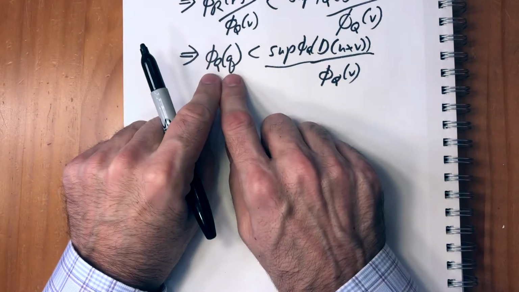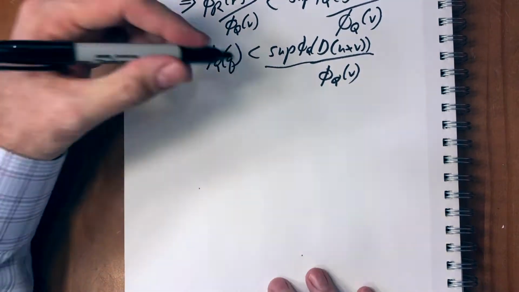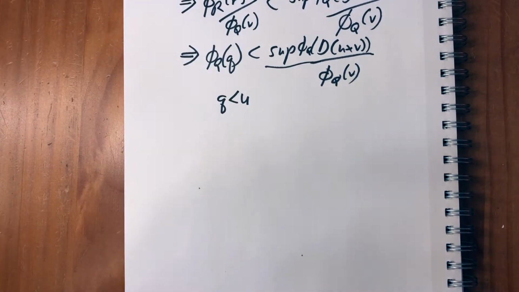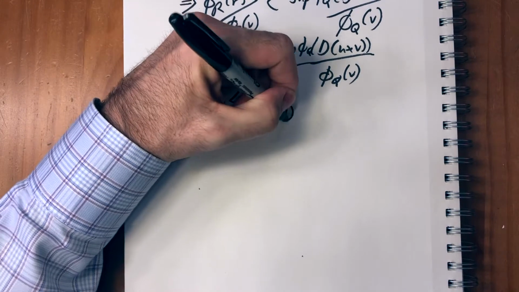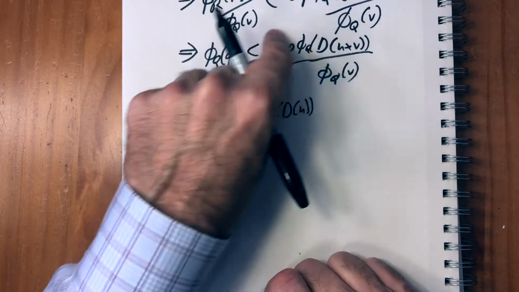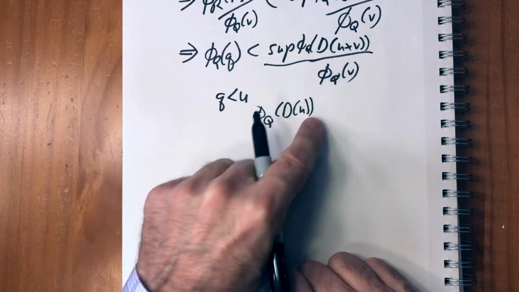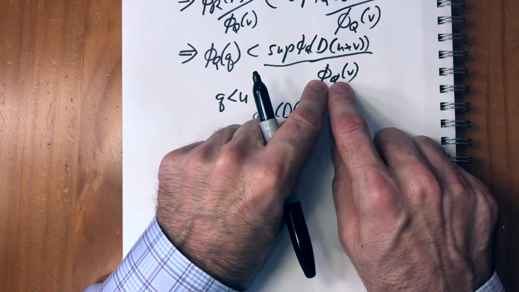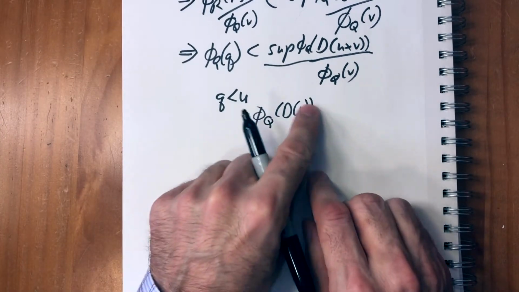The set of all φ_Q of q with q less than u is the set φ_Q of du. That's by definition. So if φ_Q of q is less than this, and this is everything in here, that means this is bigger than everything in φ_Q of du.